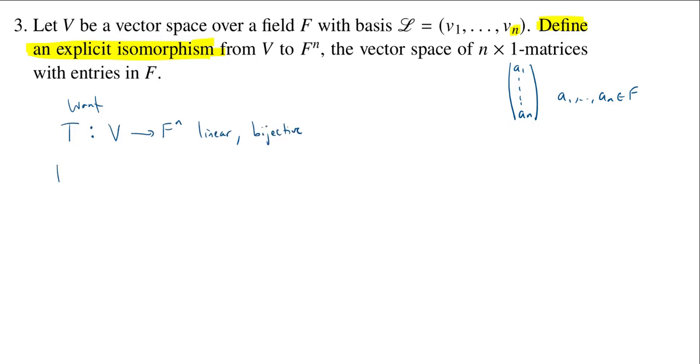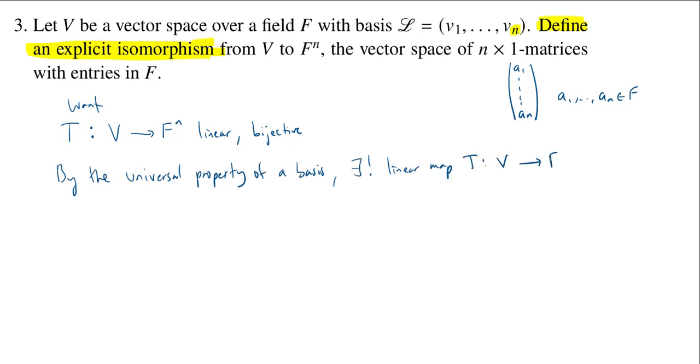And so by the universal property of a basis, it's enough to define T on a basis of V. So there exists a unique linear map T from V to Fn.